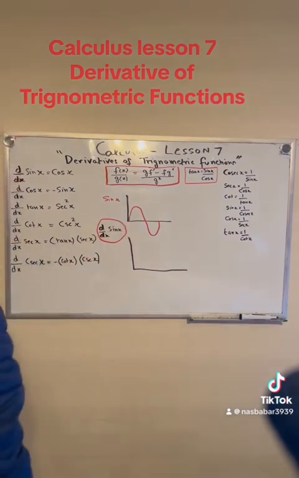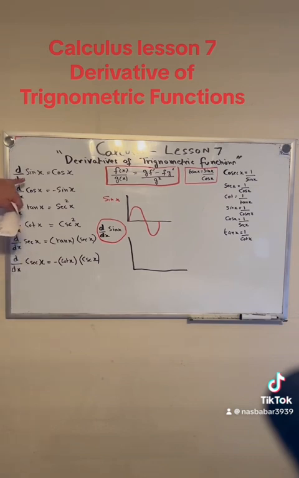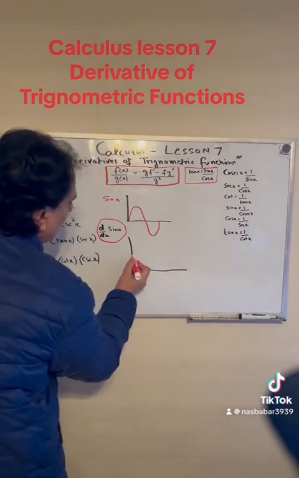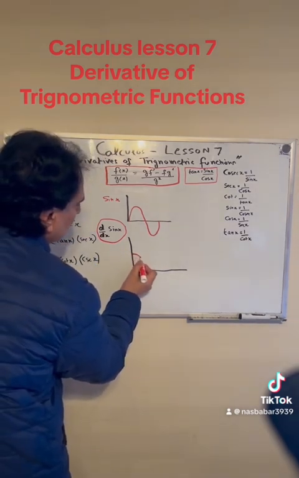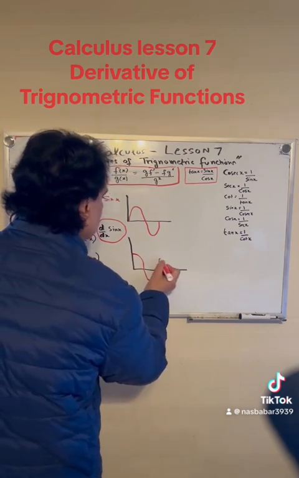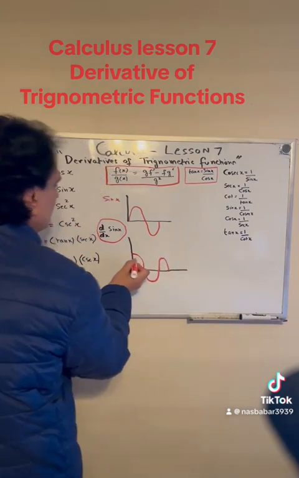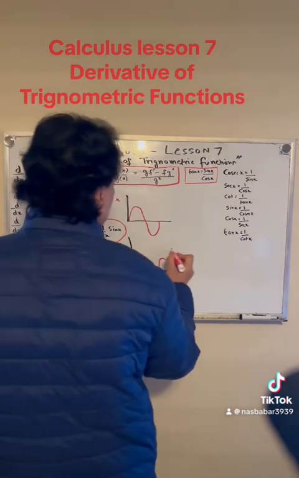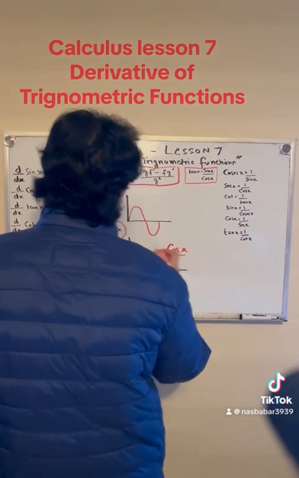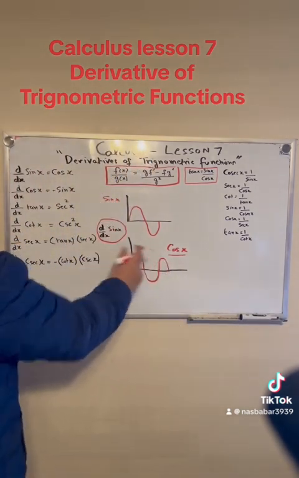So when you take the derivative of sine of x, you get a cosine of x. And the cosine always starts from somewhere on the y-axis, like this. So this right here is a cosine of x. So derivative of sine of x is cosine of x.